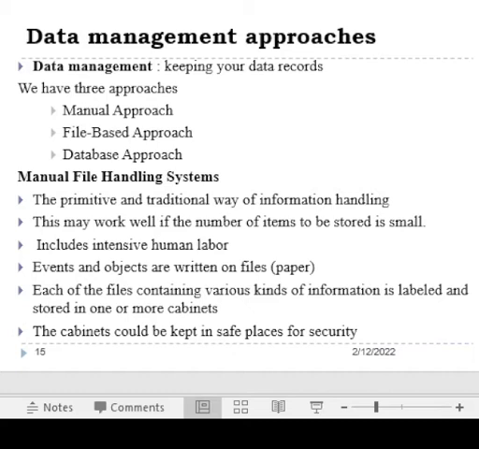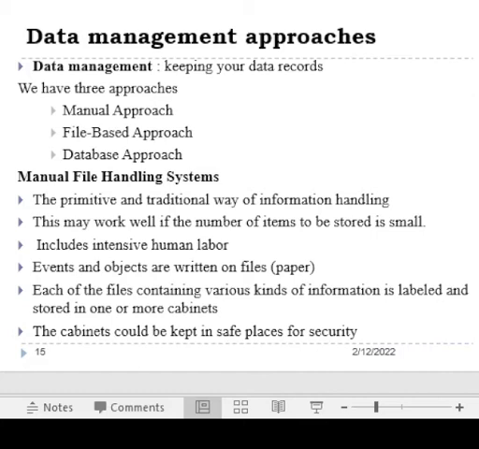Also, this manual file handling system involves intensive human labor. It needs high human labor to handle, store, retrieve, or organize the data in a cabinet. But we can use some kind of labeling to store the data.